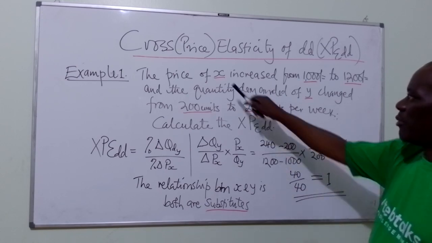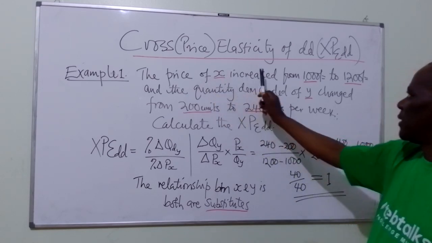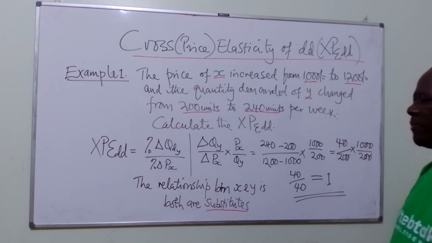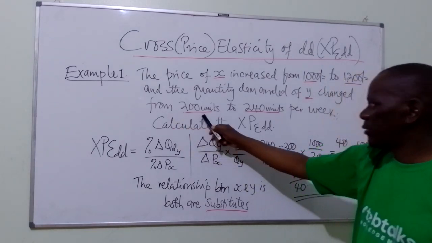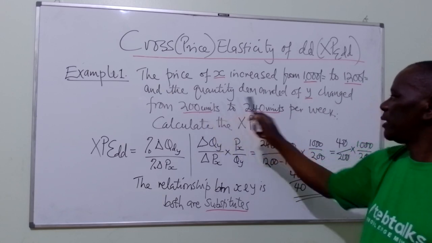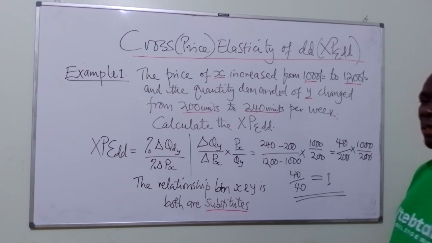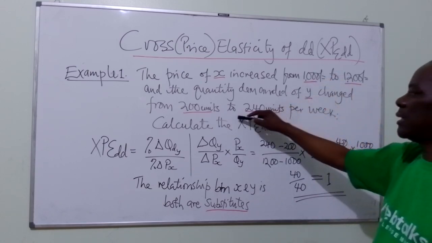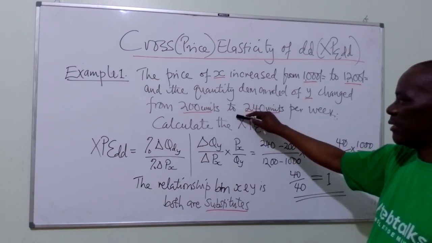Now, even from observation here, if they say the price of X increased from this to this, we are seeing an increase. What has happened to the other commodity? It rose from 200 units to 240 units. An implication that people ran away from product X and started consuming product Y. Why did they do that?